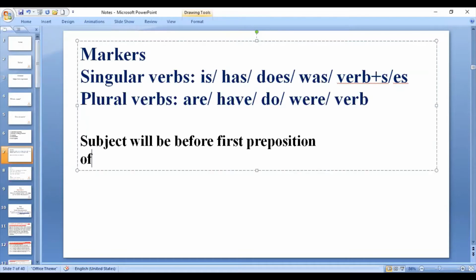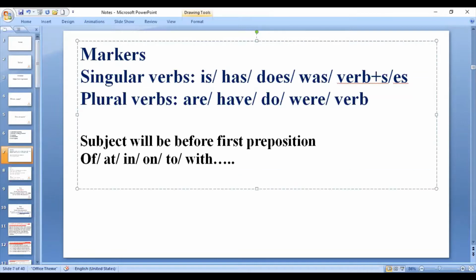What is a preposition? Of, at, in, on, to, with. These are prepositions. So what is the point? Spot the verb, go back, check where the preposition is. Whatever comes before the preposition becomes the subject.